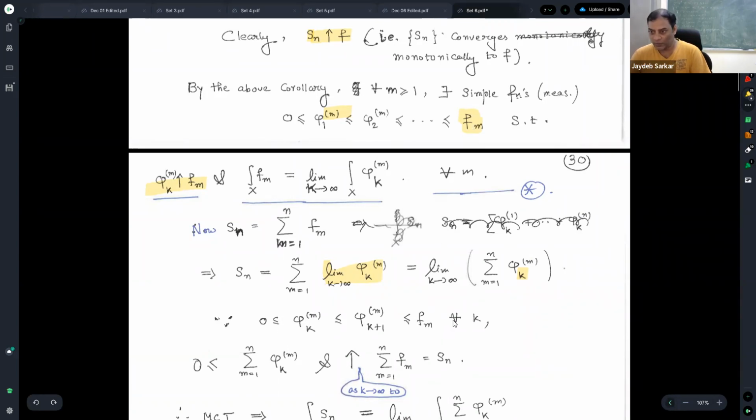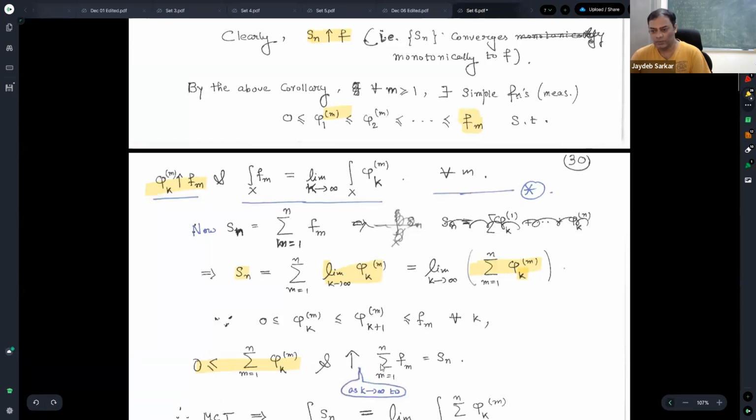If this happens for all k, then look at this sum now. This sum will also be increasing and non-negative. For each n, this sum is non-negative, and as k goes to infinity, this sum is going to converge to Sn.